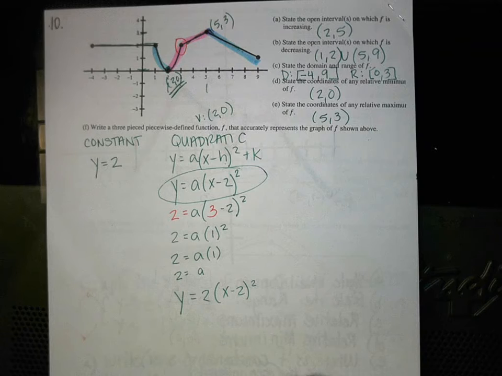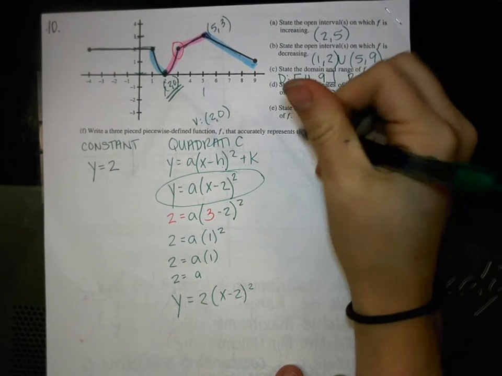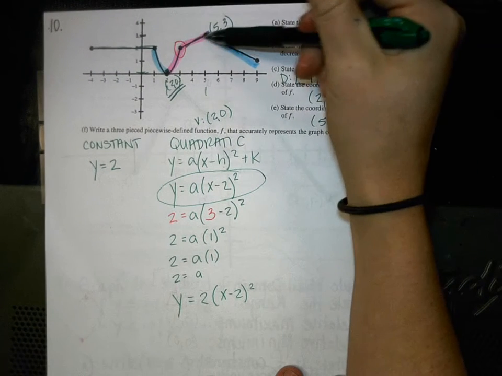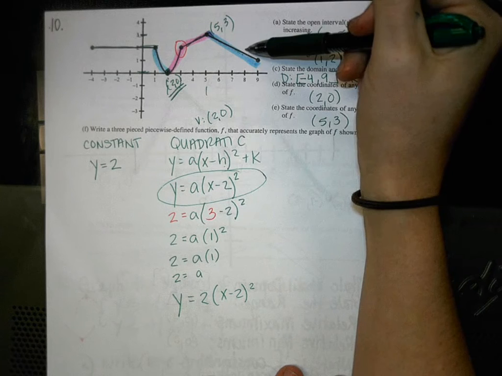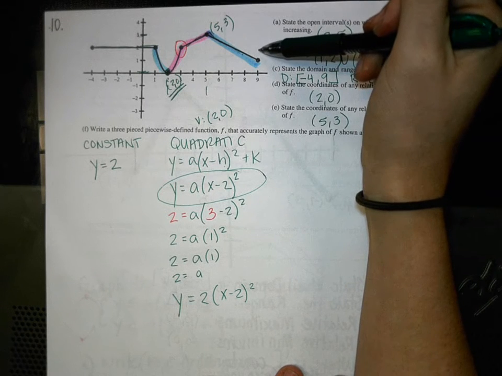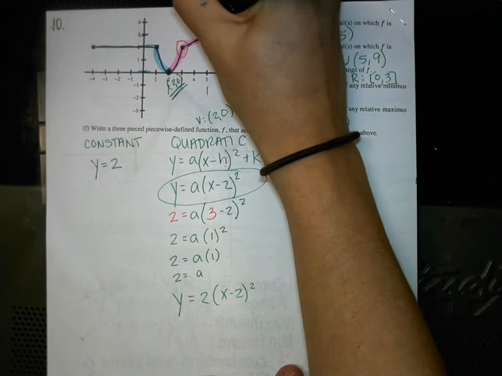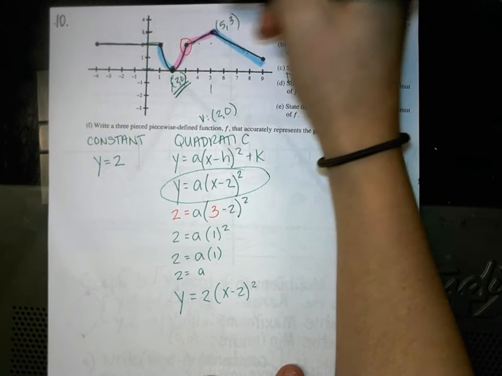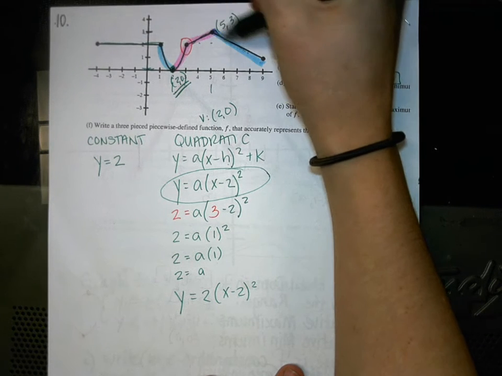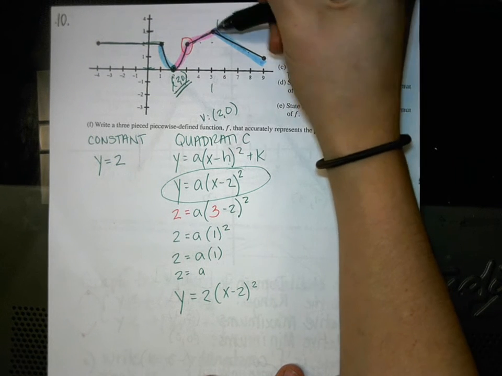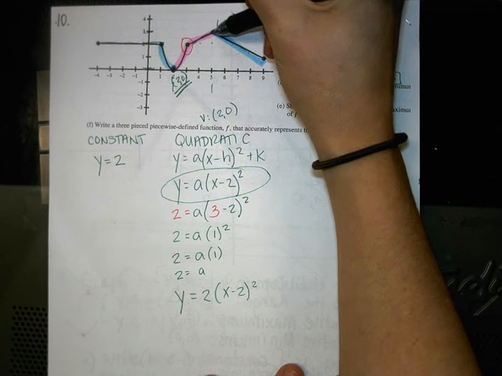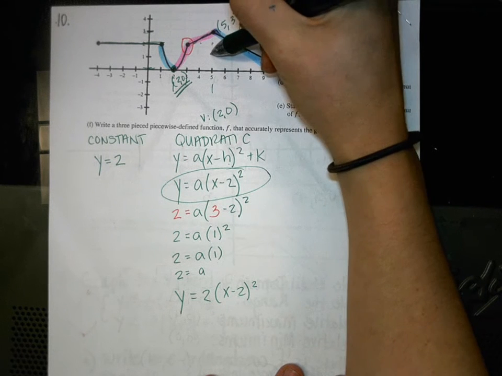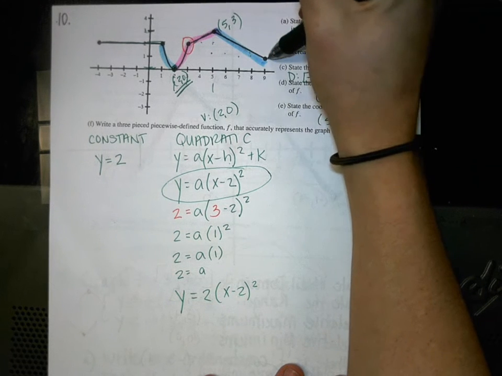And then the absolute value function. Let's make sure this is absolute value. If the slope's not the same, it's not absolute value. So if we go down 1 over 2 to the left, I want to see if this slope is the same. So going down 2, I'm going to the right 1, 2, 3, 4. Good.